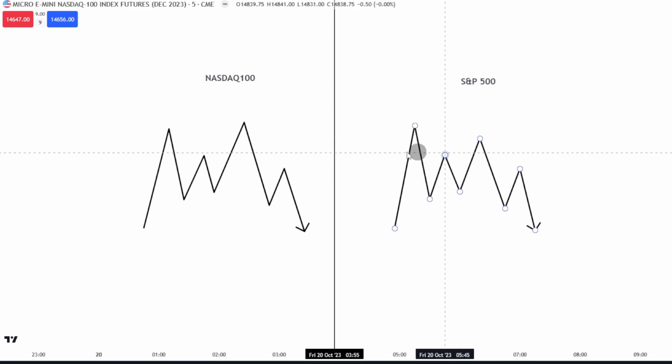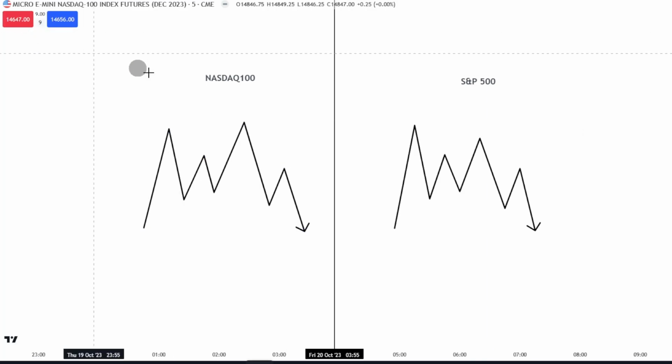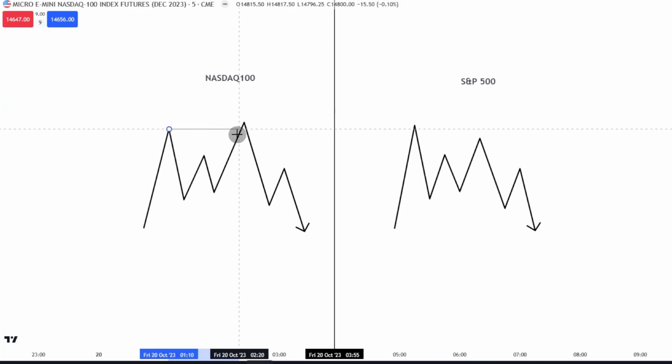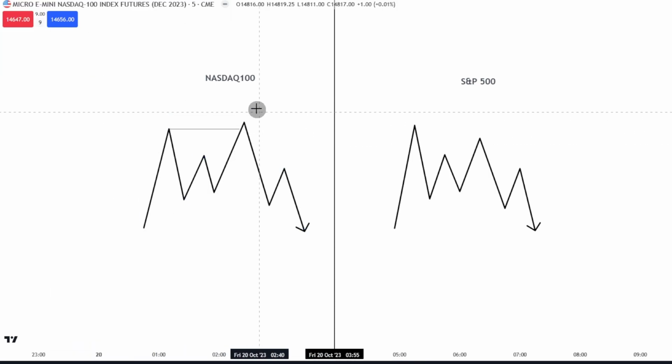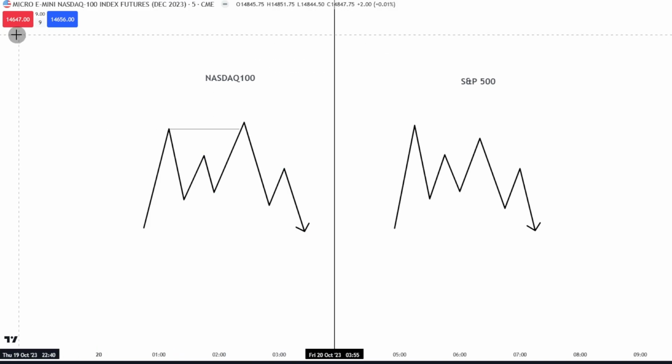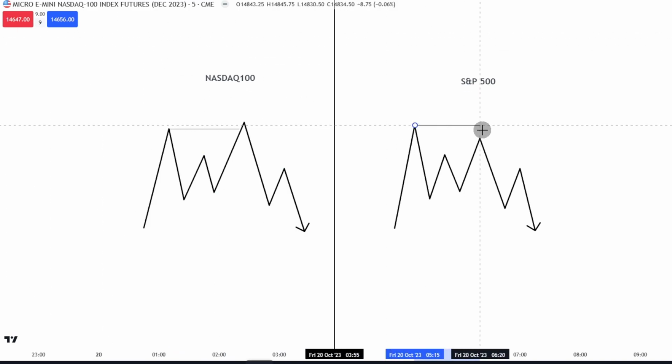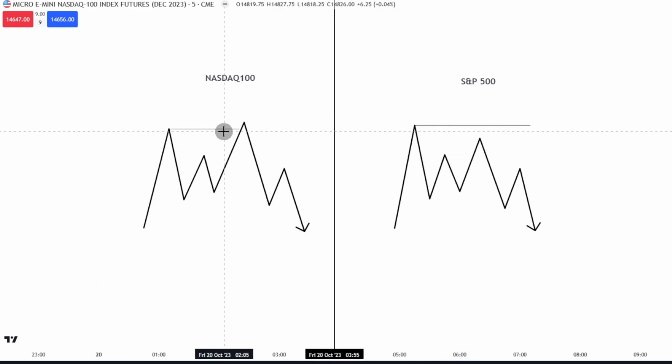And as you can see, NASDAQ swept the high, right? This high got raided by NASDAQ, but not by the S&P. So the NASDAQ took out the high, but the S&P 500 did not take out the high.